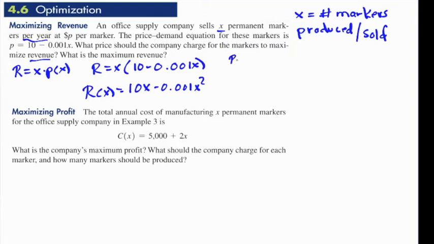We're going to say R prime is equal to 10 minus 0.002x, and when we set that equal to 0 and solve, we get x equals 5,000 markers.